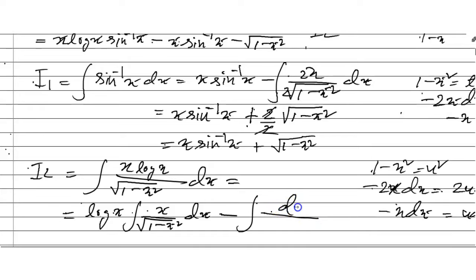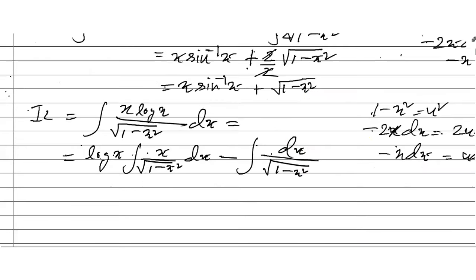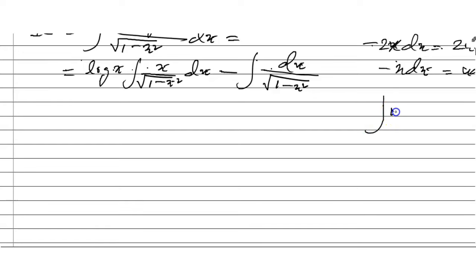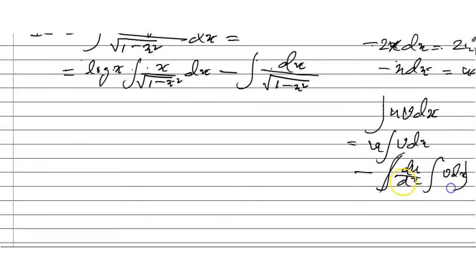So it will come dx divided by root over 1 minus x square, as per the UV formula: integration of UV dx is equal to u into integral of v dx minus integral of du into integral of v dx.